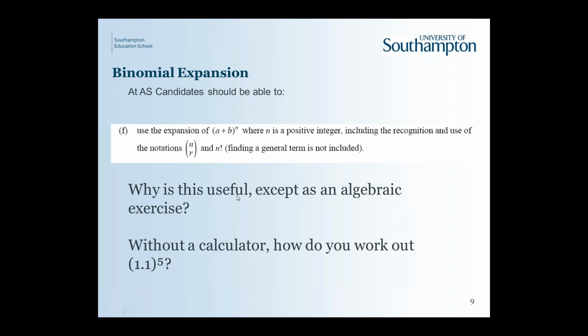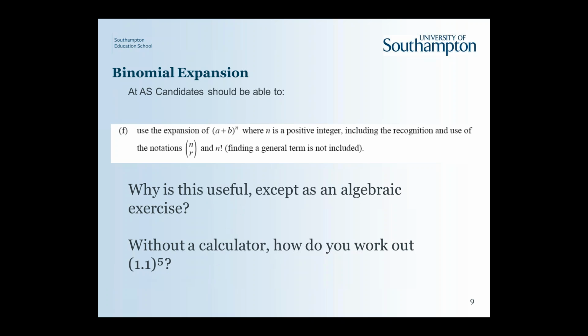The reason this is useful is, how could you work out 1.1 to the power of 5 without a calculator? You could think of it as 1.1 times 1.1 times 1.1, and work that out yourself.